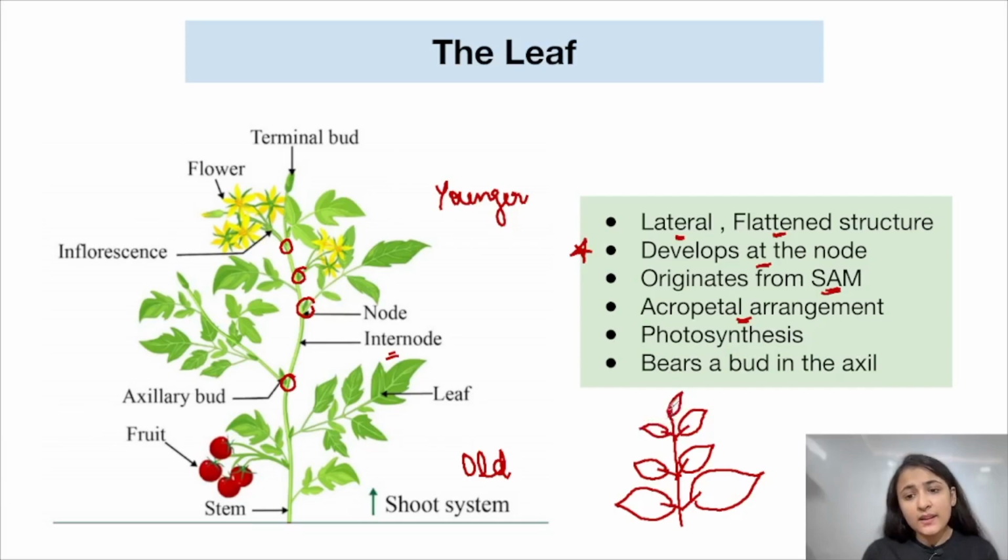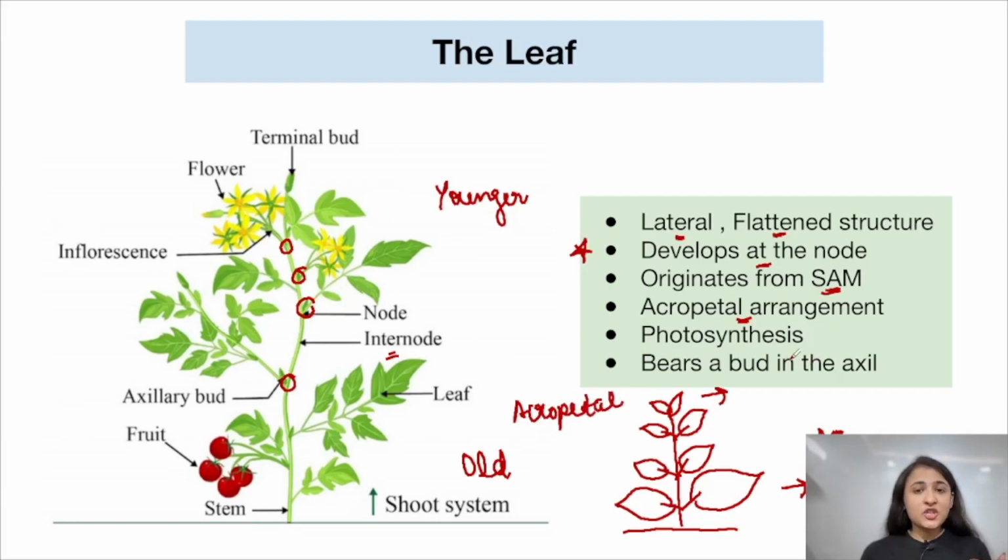The youngest leaves are present at the tip and the oldest leaves at the base of the stem. This kind of arrangement is known as the acropetal arrangement.